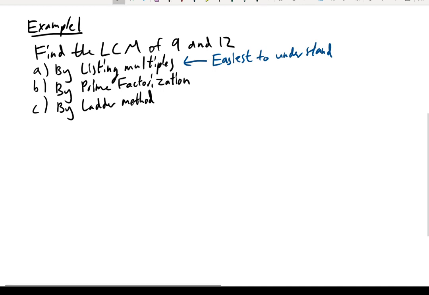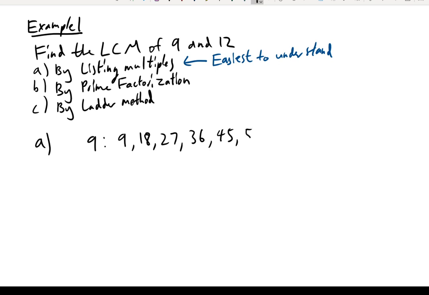By listing, so A, if I list out the multiples of 9, they're going to be 9, 18, 27, 36, 45, and 54, and so on. I don't think we need to go too far. And then if we list out the multiples of 12, it's going to be 12, 24, 36, 48, and so on.